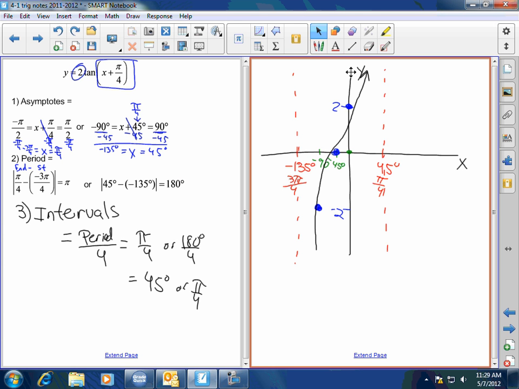Does that make sense? No, look. Your first interval is right here at your guide point.